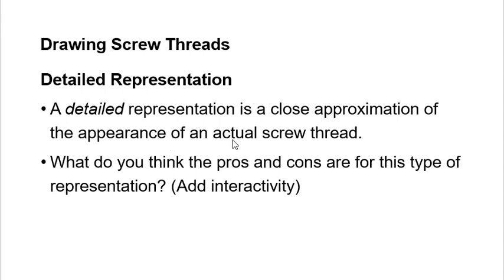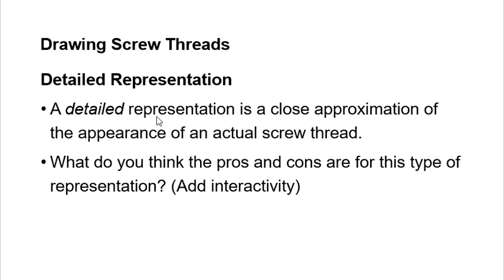Then we will get into each one of them. So detailed drawing is detailed because you are giving a close approximation of the appearance of the actual screw that you're drawing, a very close way of drawing, and we call it the detailed representation. Another thing that you need to think about, as an activity as you read this material to study initially: what do you think the pros and cons are for this type of representation?